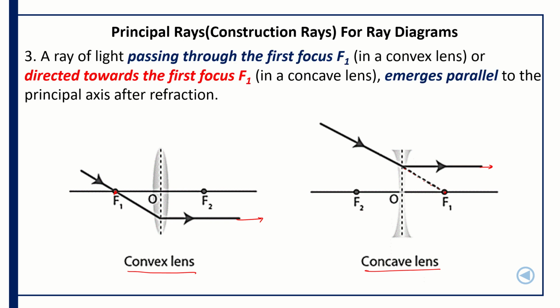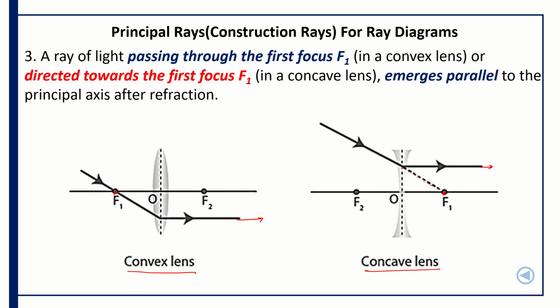So what is happening here? A ray of light passing through the first focus point F1 in a convex lens, or directed towards the first focus F1 in a concave lens, will emerge parallel to the principal axis after refraction. So these are the basic or principal rays for construction of any ray diagram.